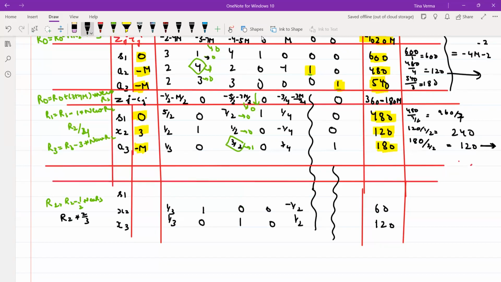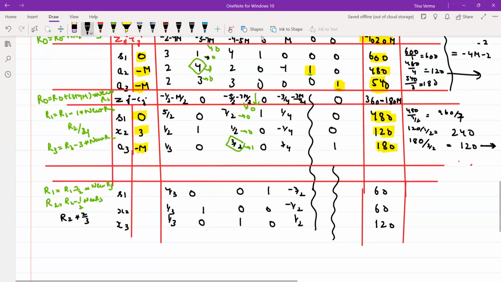This is my 60. Next, the operation on R1: R1 minus 7 by 2 times my new R3. And this operation will become 4 by 3, 0, 0, 1, minus 3 by 2. This entry is my 60.